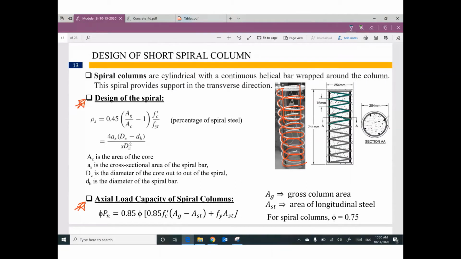Anyway, we have two equations. The first one, rho S, which is the percentage of spiral steel, equals 0.45 times area gross divided by area concrete, minus 1, times F prime C over F yield, so I can figure out the rho steel reinforcement. By the way, area C is the area of concrete inside this spiral only.